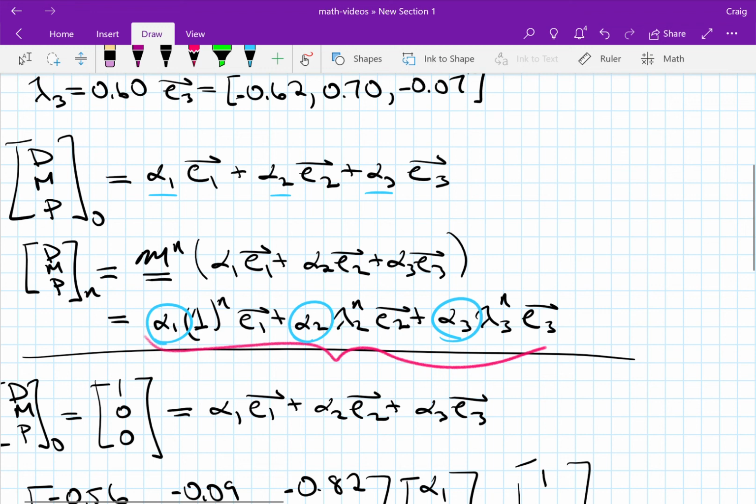So the E2 component just gets another factor of lambda 2 multiplied to it every time the year passes, and the same thing with the E3 component: it gets one more factor of lambda 3 every time a new year goes by. So this is why it's very convenient to use the eigenvectors and eigenvalues to analyze the populations in Markov processes.